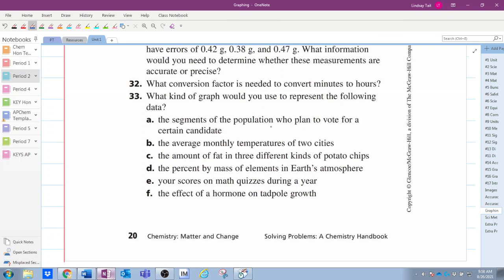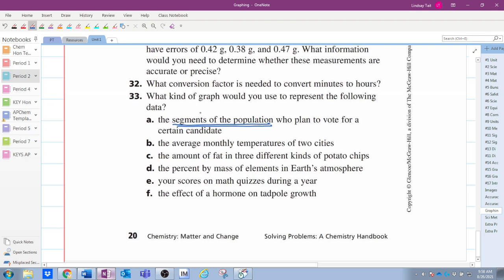We're going to go Austin. I hear bar. I hear circle. Who wants to make an argument? Well, it's a part of a whole, because it's a segment of the population, so that's how we use it. So first off, Austin, I definitely see there's a scenario where a bar graph could work, right? If you just want to know who's getting the most votes.